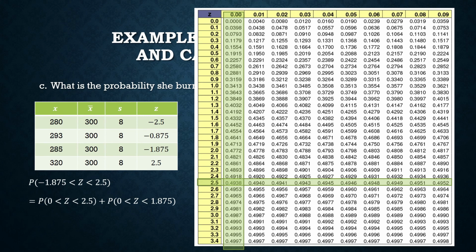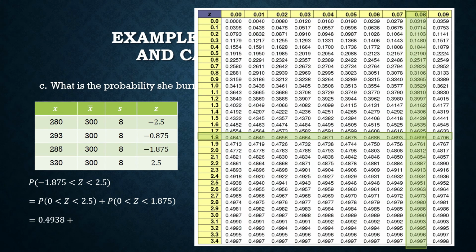The area between 0 and 1.88, rounding up 1.875, is 0.4699. We add the two regions, and we get 0.9637. How do we interpret this? The probability that she will burn between 285 and 320 calories is 0.9637.